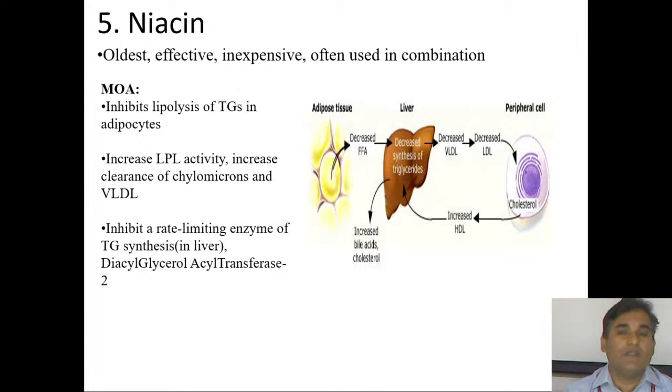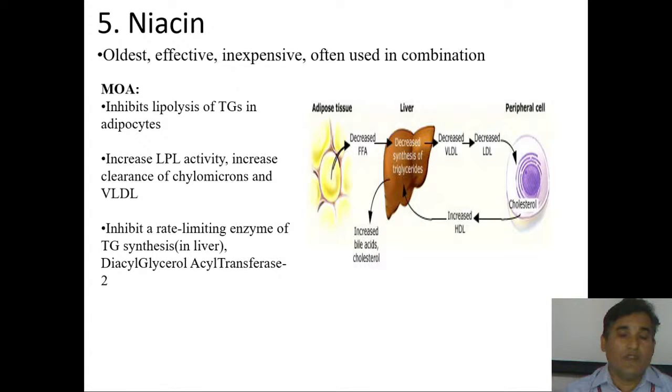Niacin is a very good drug among the vitamins. It inhibits the lipolysis of triglycerides, especially in adipose tissue, and increases lipoprotein lipase activity in the endothelium, increasing the clearance of chylomicrons. It inhibits the rate-limiting enzyme for triglyceride synthesis in the liver, which is diacylglycerol acyltransferase 2.